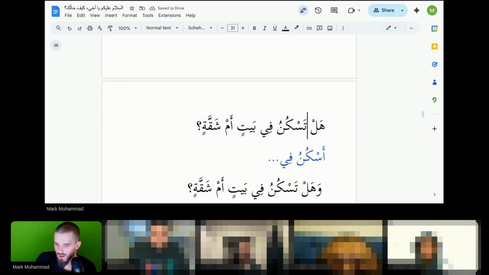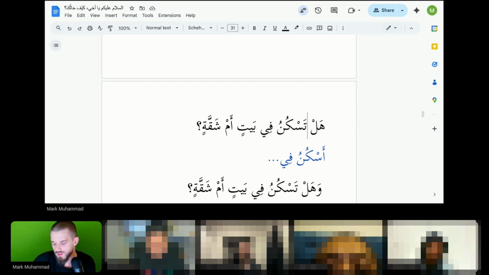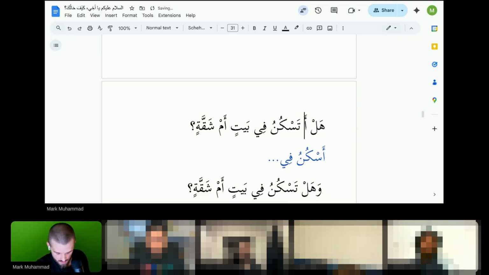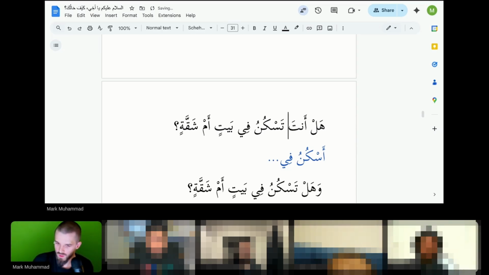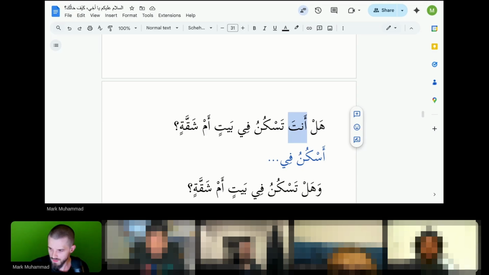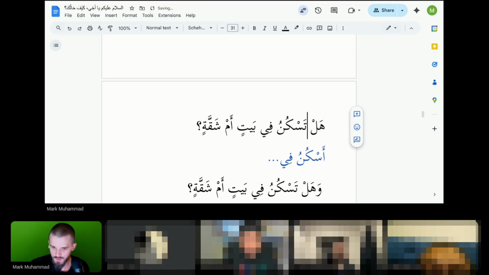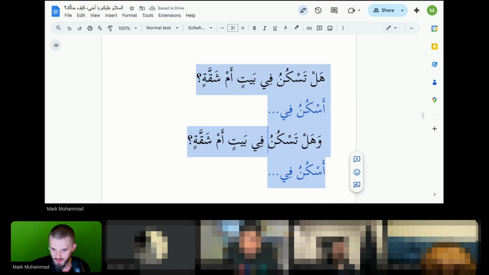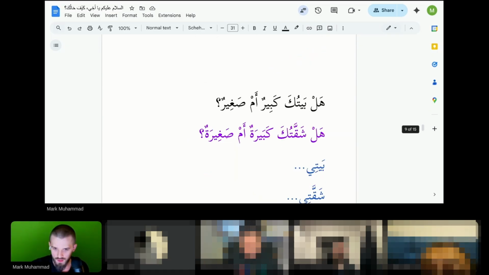Like, you could say هل أنت تسكن في بيت أم شقة, or I could say هل تسكن في بيت أم شقة. The meaning is the same, and the meaning is given based on the context. But if I add the detached pronoun here, then there's no question about who we're talking about. Are we clear? Any questions? No. Cool. Okay, so we're gonna ask this in a sec, inshallah, and then we're gonna add.